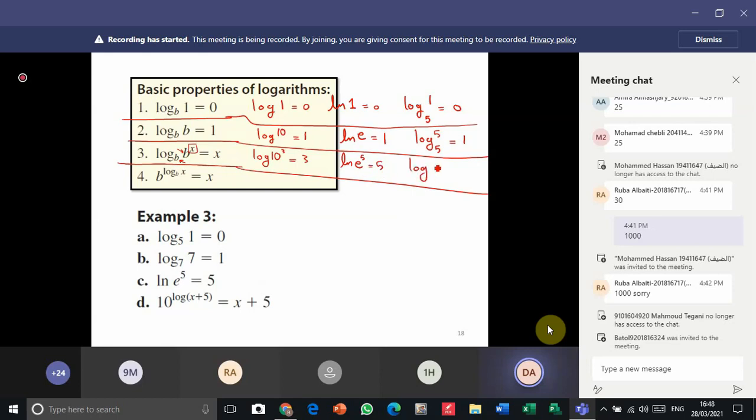Logarithm 5 to the power 4 to base 5: if the argument is the same as the base, the value equals the exponent. So we have 4. Okay.